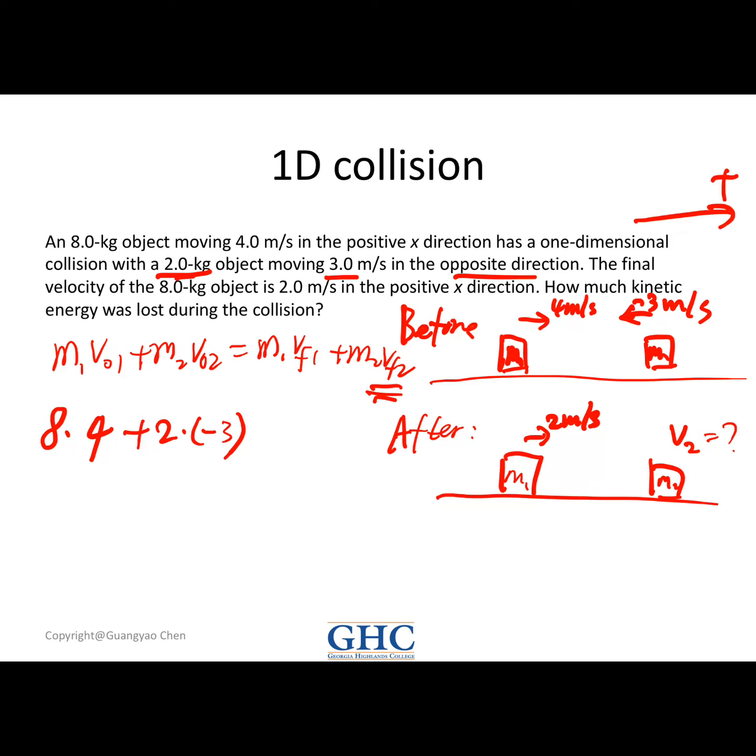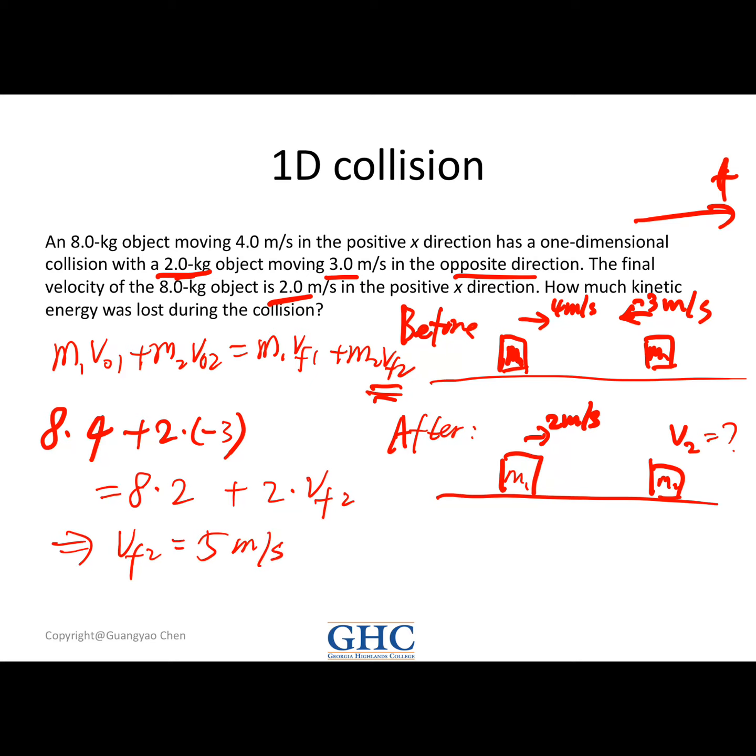If we choose this one to be positive, to the left is negative. Equals 8 times 2 plus 2 times Vf2. And you plug in all the numbers, you find Vf2. The final velocity of m2 is 5 meters per second.